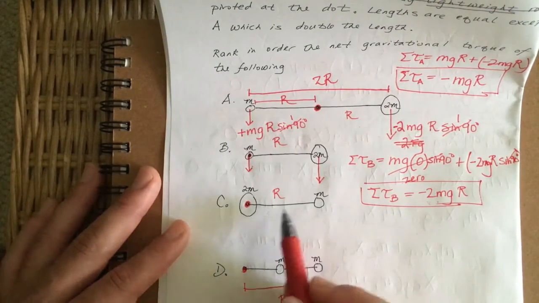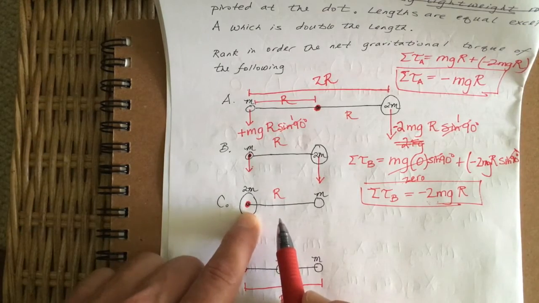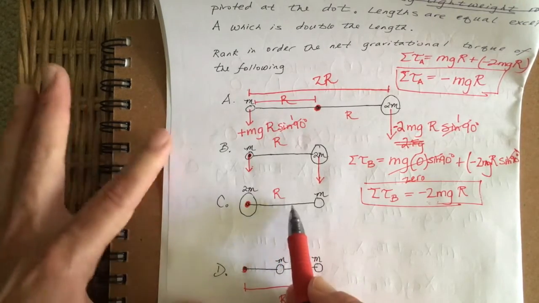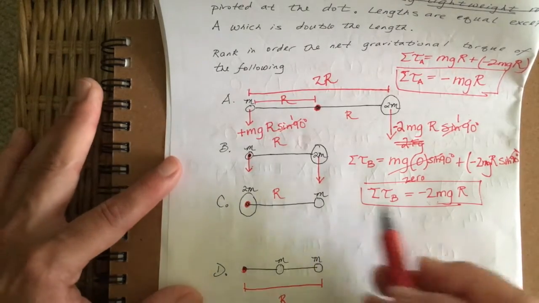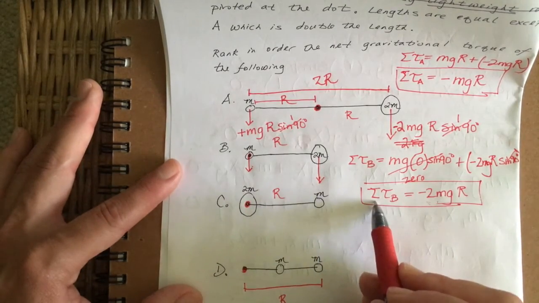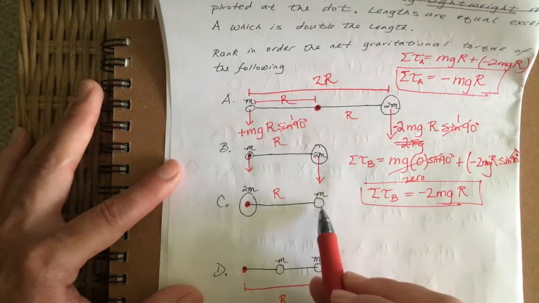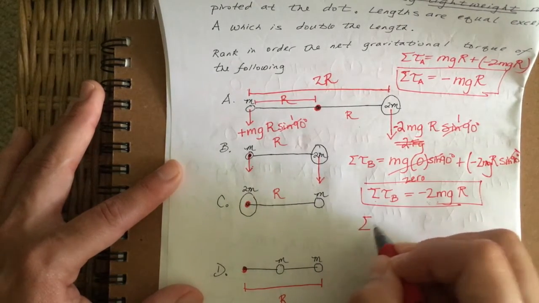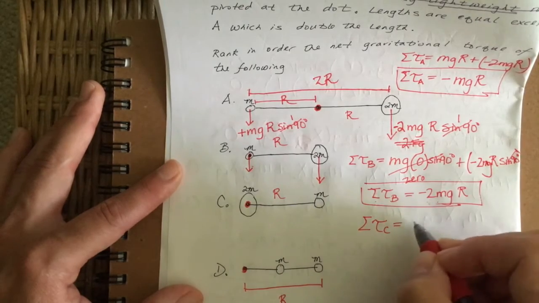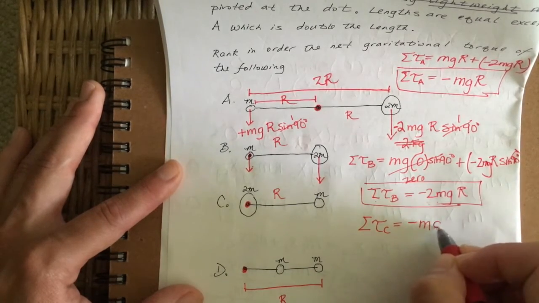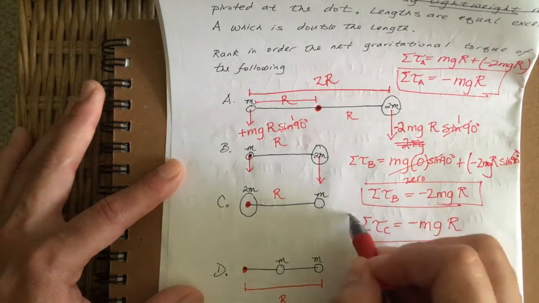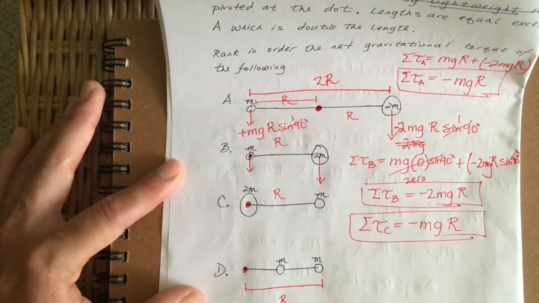It looks like the opposite, except now the 2m mass here is going to exert 0 torque because it's at the pivot, and this one's a distance away. So it should be the same as B, except instead of a 2 here, we'll just have an m, right? So the sum of torque C is equal to negative mgr. If that doesn't make sense, I would work through that and convince yourself that that's true.